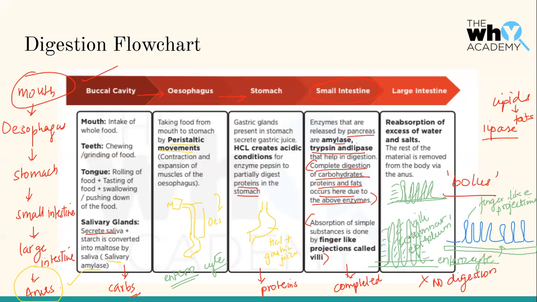So enterocytes, you don't need to remember the term or anything. That will just confuse you at this stage. Just remember the villi. The main job of the villi is to increase surface area so that more absorption can happen. That's all you need to remember. No need for anything else.